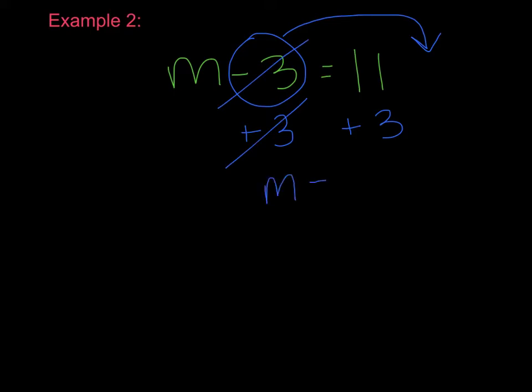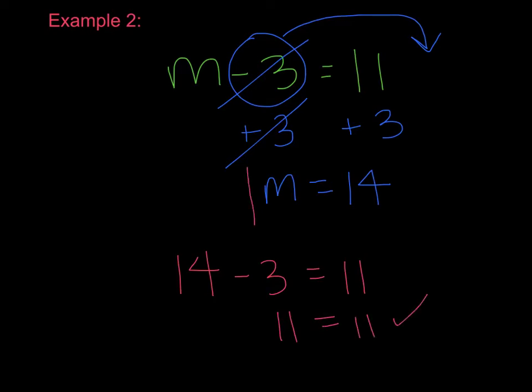So m equals 11 plus 3, which is 14. To check yourself, see if 14 take away 3 equals 11. And 14 take away 3 does equal 11. So we're right. m equals 14. If at any point in time you need to pause, remember that you have that option to get caught up.